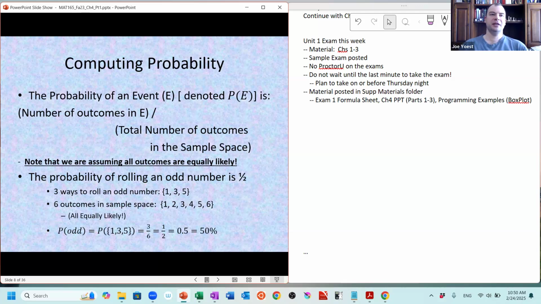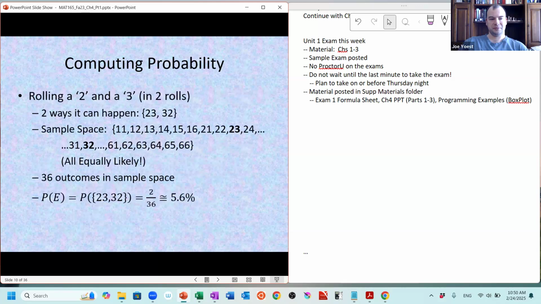That's an odd number, check. If I do this 100 times and I ask what proportion of these rolls gave an odd number, I would expect it to be around 50%. I would expect around 50 successes out of those 100 rolls. Success meaning that I rolled an odd number, 1, 3, or 5. That's the interpretation of classical probability.